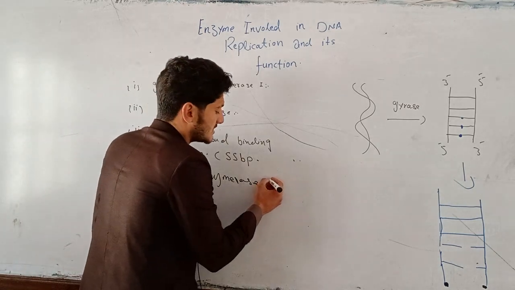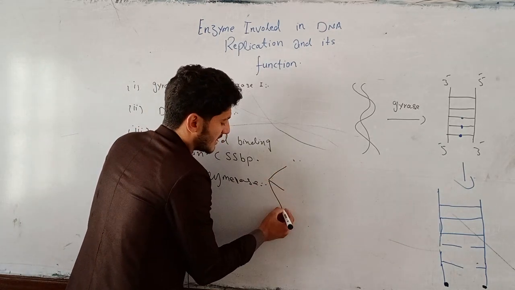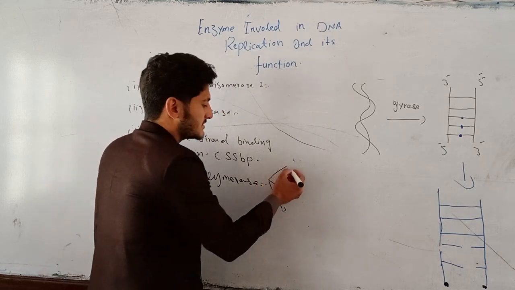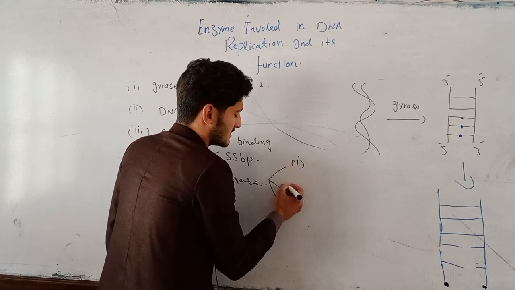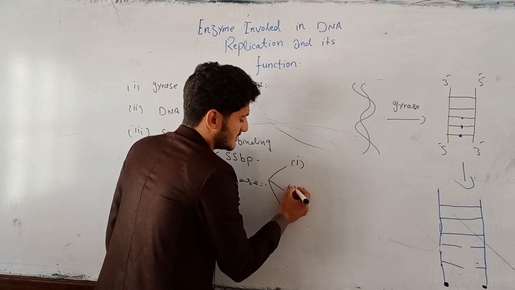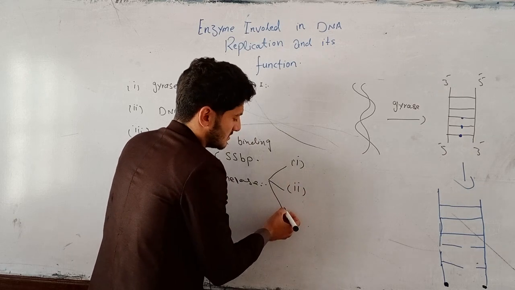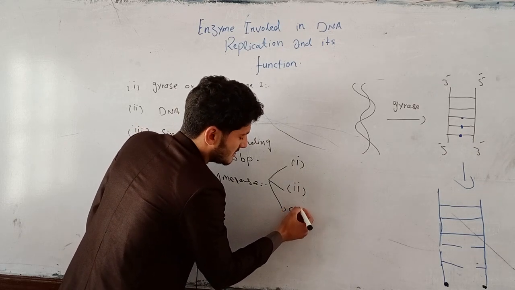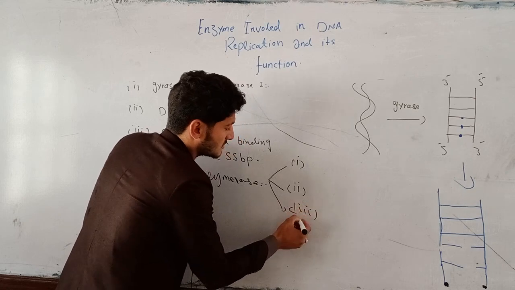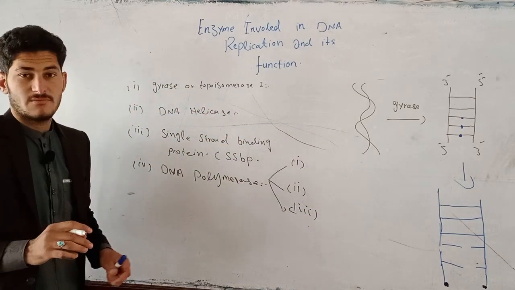It has three main types in prokaryotes: the first is DNA polymerase 1, the second is DNA polymerase 2, and the third is DNA polymerase 3. So what is the function of DNA polymerase 1?